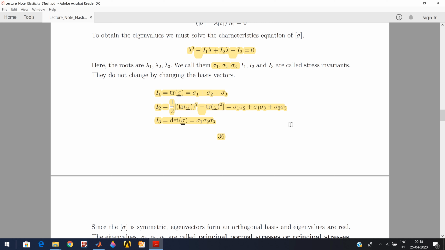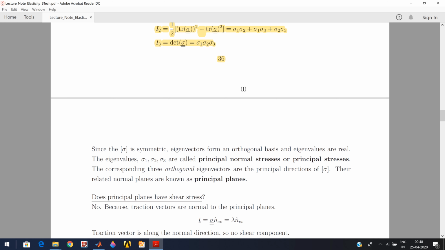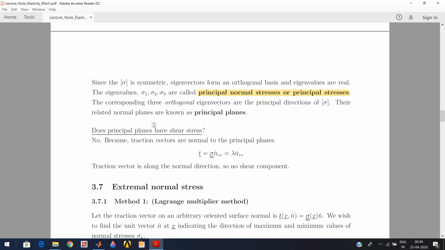This is also discussed in the first chapter, where we gave more details, and the formulas are all given there. Here sigma 1, sigma 2, sigma 3 are called principal normal stresses, or simply principal stresses.